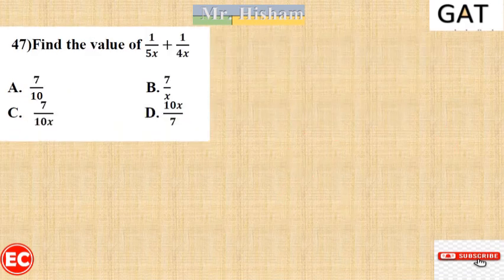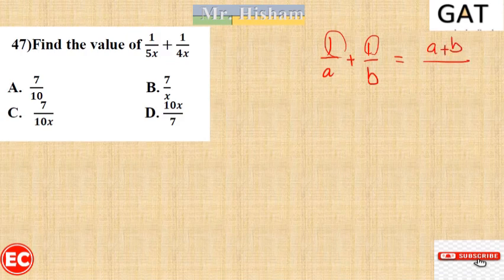Question 47. What is the value of 1 over 5x plus 1 over 4x? We know that if 1 over a plus 1 over b, and I have 1 and 1, all I have to do is to multiply the denominators and add them up in the numerator. So I multiply 5x by 4x in the denominator and add 5x and 4x in the numerator.